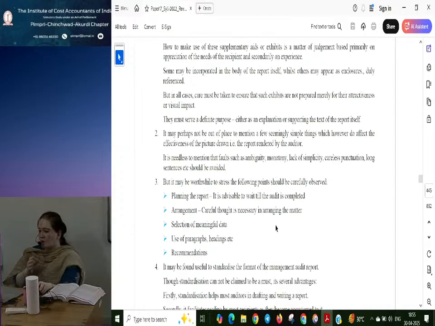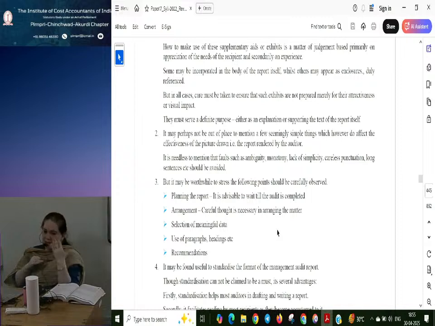And what are the things to look at? First one, planning the report. It is advisable to wait till the audit is completed. Arrangement: careful thought is necessary in arranging the matter, that is, the flow of information. How are you going to present it? Last will be the conclusion and decision.